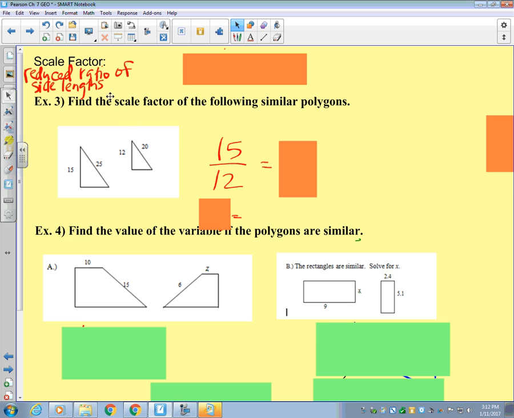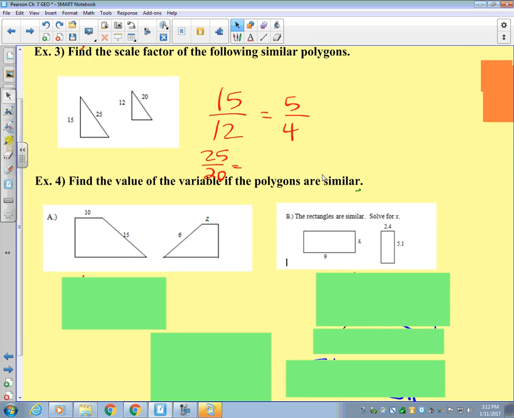And we're going to go ahead and reduce that. So we divide both top and bottom by 3 to get 5/4. This would still be 5/4 if I picked the hypotenuse of these triangles as my corresponding sides. So if I did 25 over 20, I would still, when I reduced it, get 5/4.